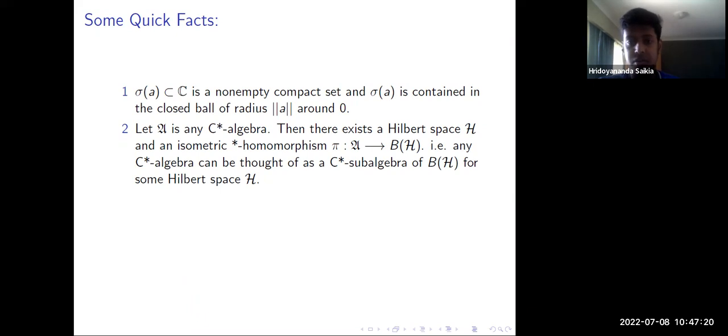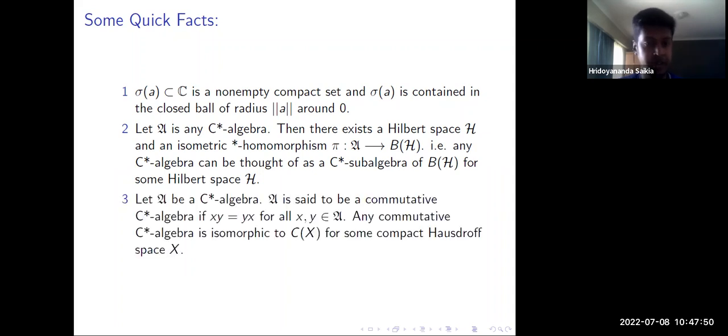Whenever we are given a C-star algebra, we can have some Hilbert space H, and we can think of that C-star algebra as a C-star subalgebra contained in the nice C-star algebra B(H). So actually, all the C-star algebras are very concrete. Whenever we study all the C-star subalgebras of B(H), then we are done.